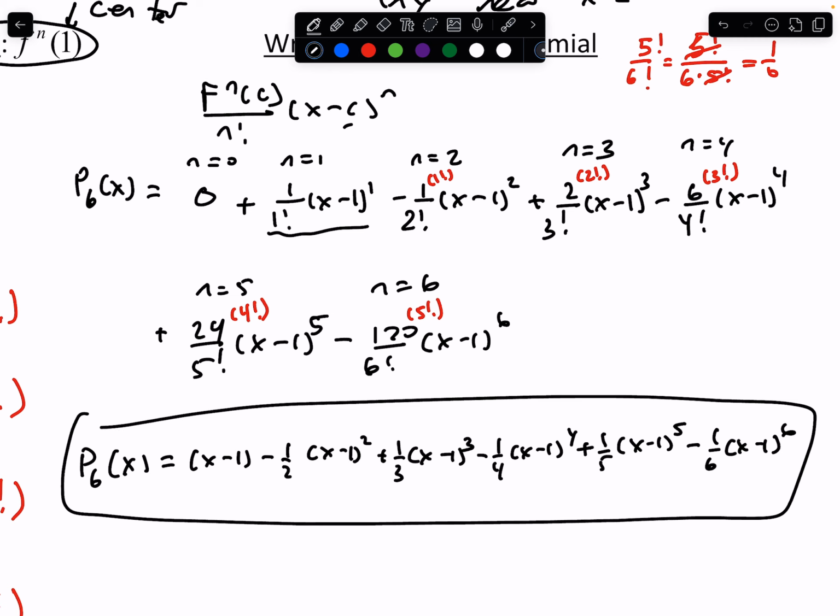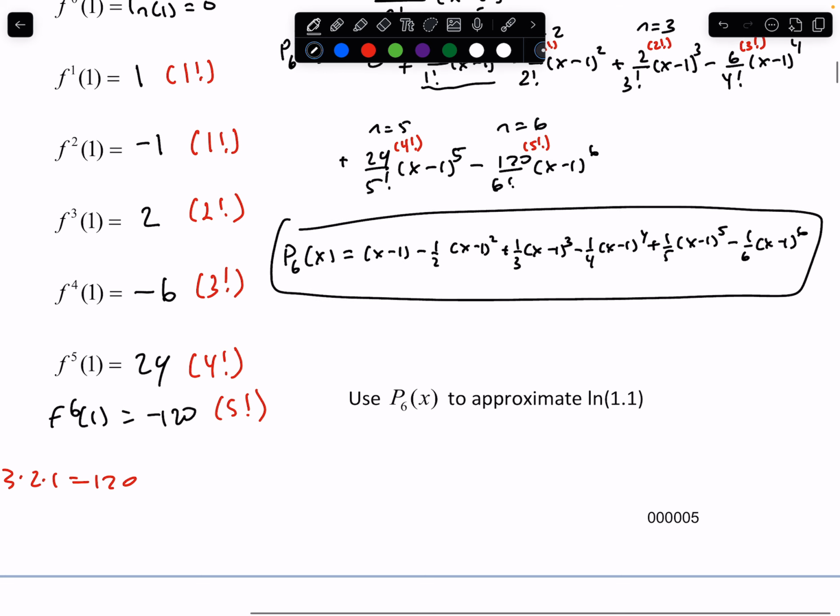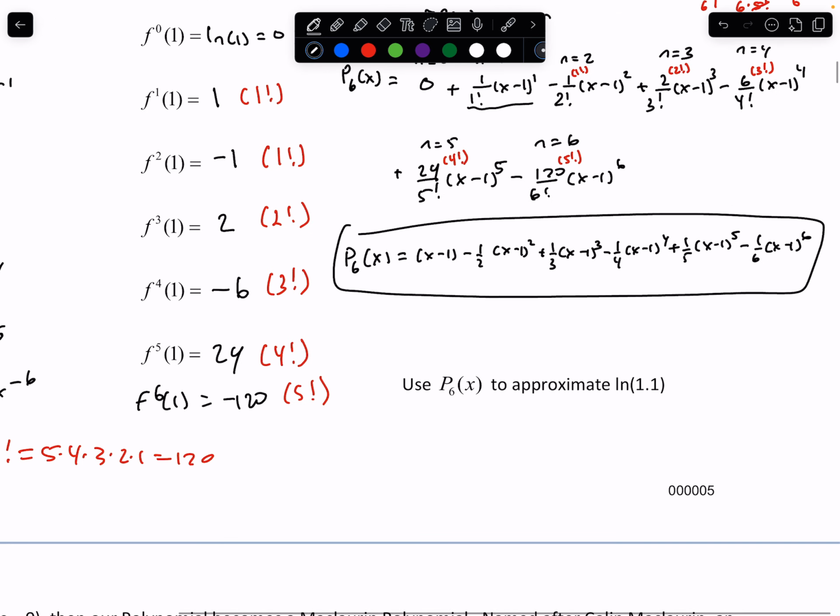So why do we want to reduce it? Well, that's the next part. Down here it says, use our Taylor polynomial to approximate the natural log of 1.1. So we can say that the natural log of 1.1 is approximately, ready? Now we're just going to let x equal 1.1.